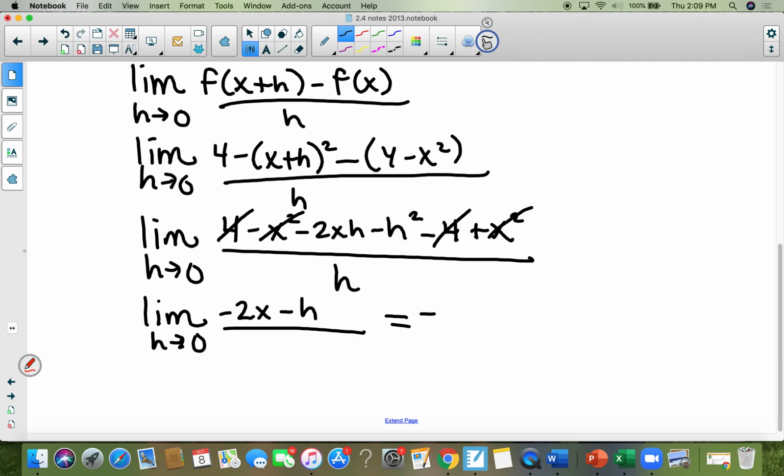Negative 2x. What does that mean, you guys? This is the formula to find the slope at every spot on this graph. This graph is, what is it, 4 minus x squared, upside down parabola, right? That is the formula to find the slope everywhere, but we specifically want to find it where?